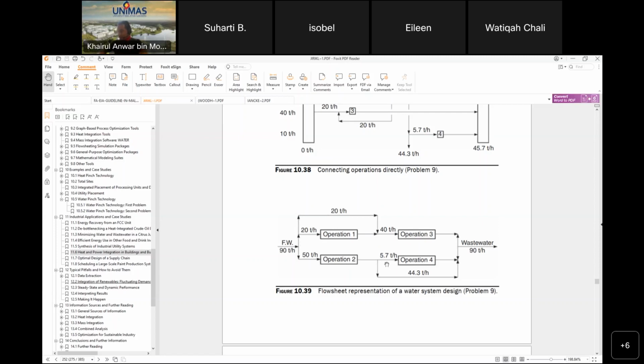For operation 2, 5.7 goes to operation 4, while the 44.3 ton per hour goes straight to wastewater. So this is the design network for maximum reuse of water for 90 ton per hour fresh water.